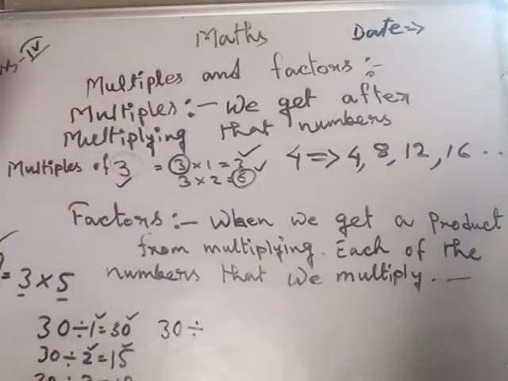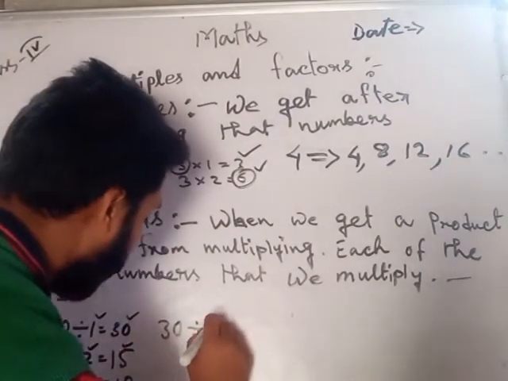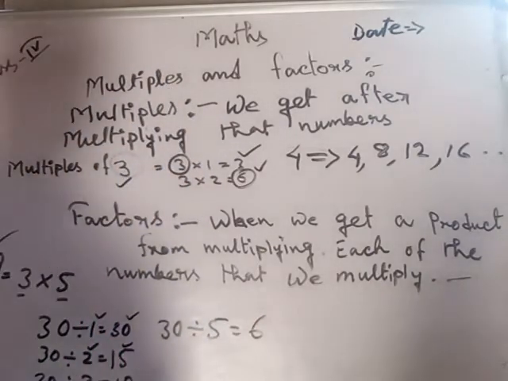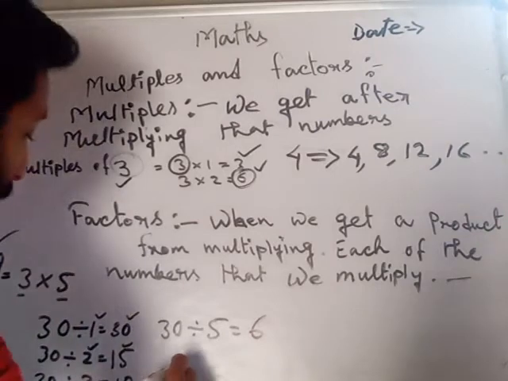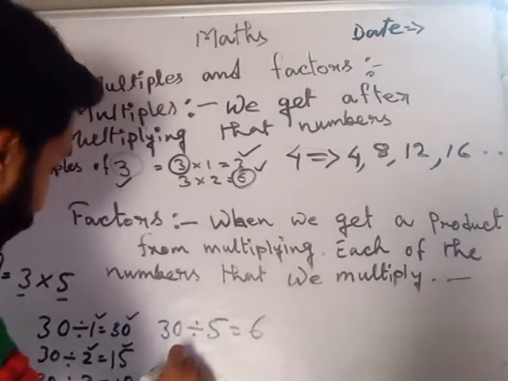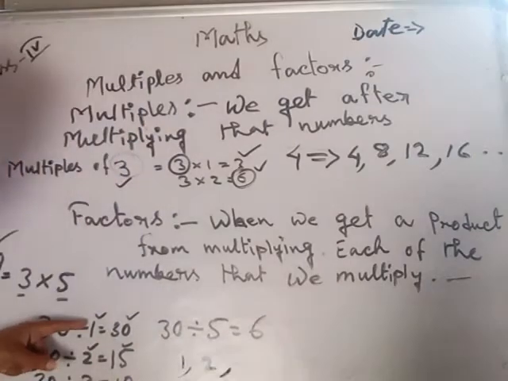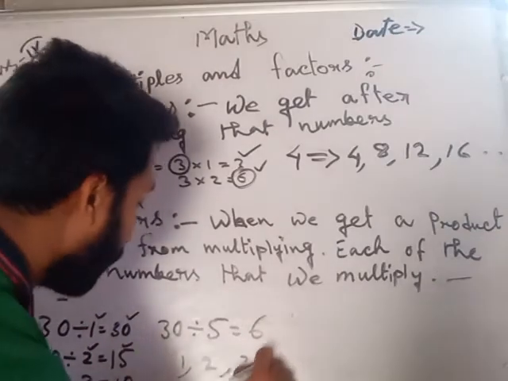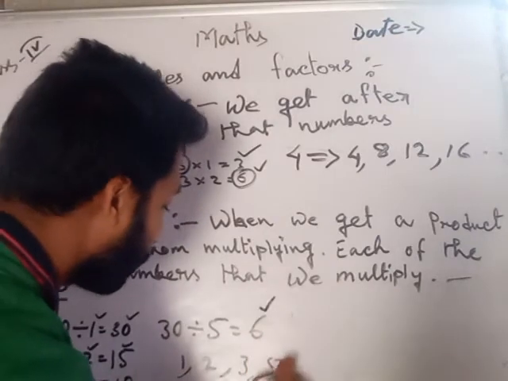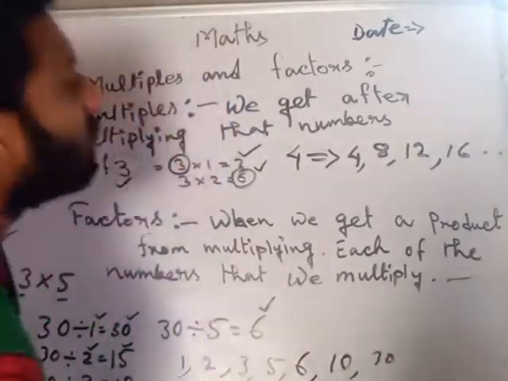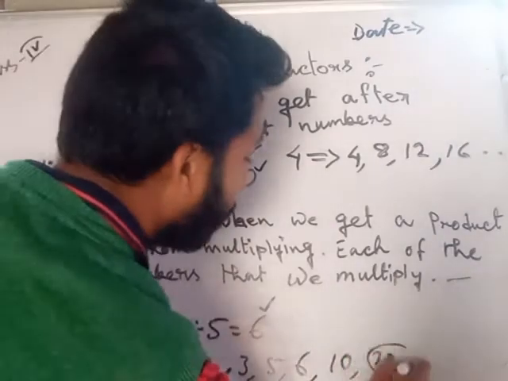We can also divide 30 by 5, that is 6. That means the factors of 30 are 1, 2, 3, 5, 6, 10 and 30. 30 is also itself a factor.